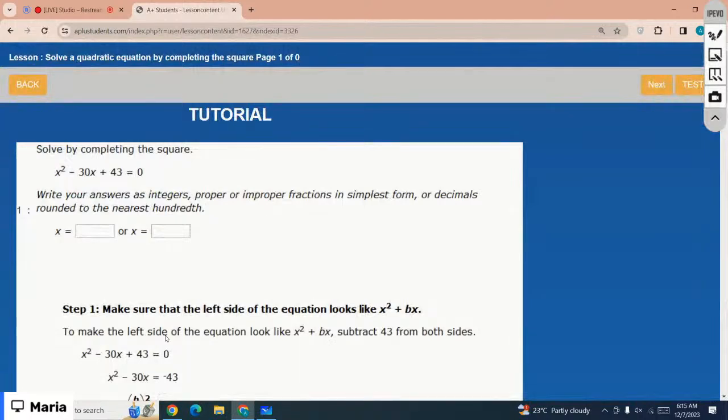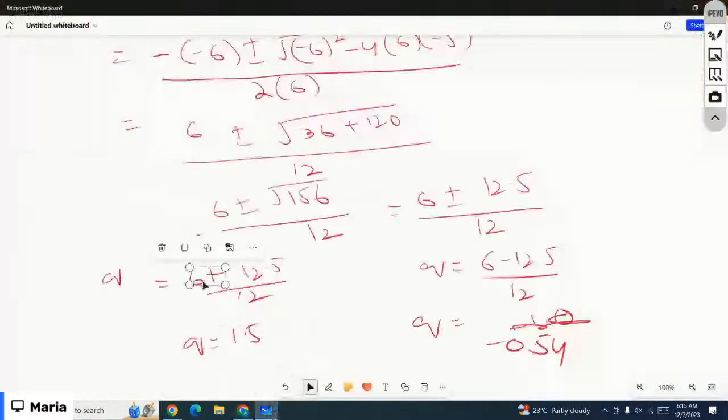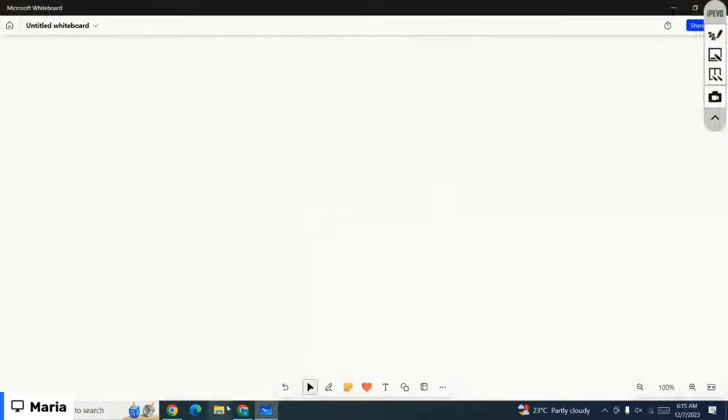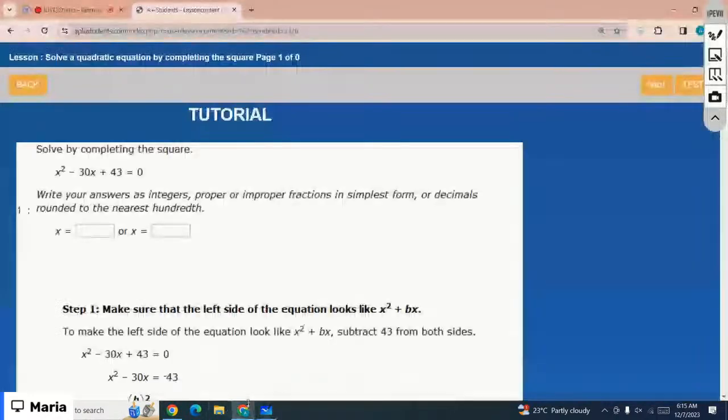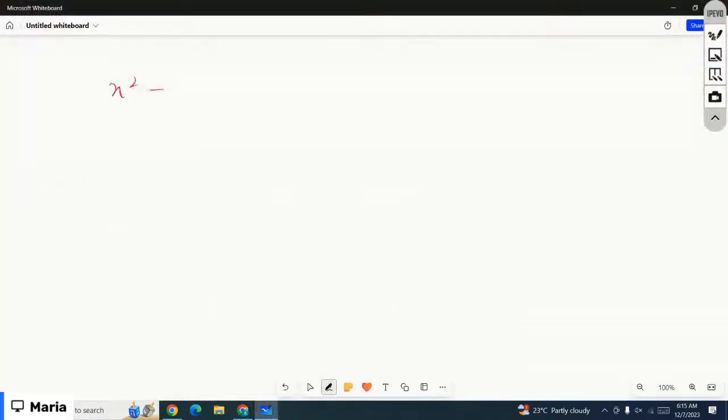So x square minus 30x plus 43 equals 0, right?